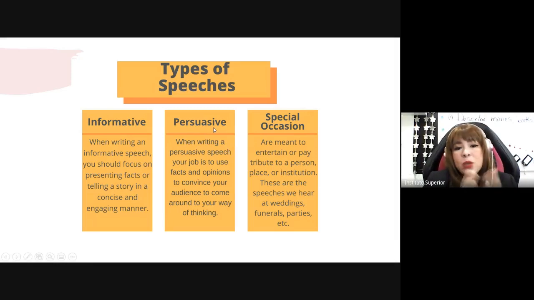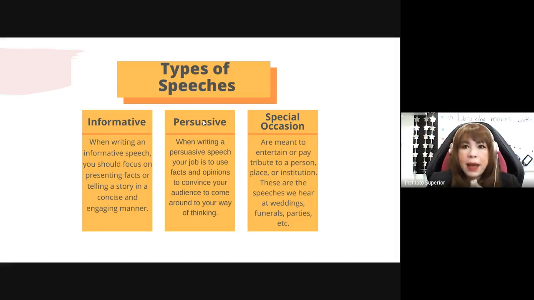Okay, here we have the persuasive speech. When writing a persuasive speech, your job is to use facts, but also opinions to convince. So I have to change the way my audience thinks and let them think like I do. So I use a lot of facts, evidence, statistics, graphics, a lot of things that can convince them to think the same way I do and also change their mind.